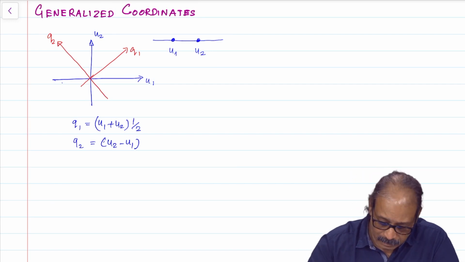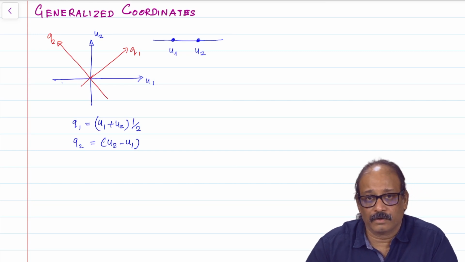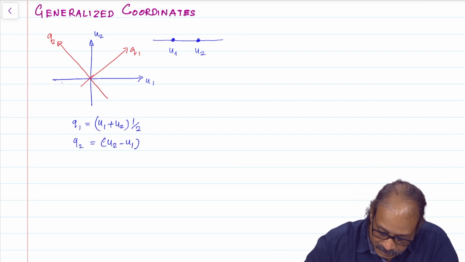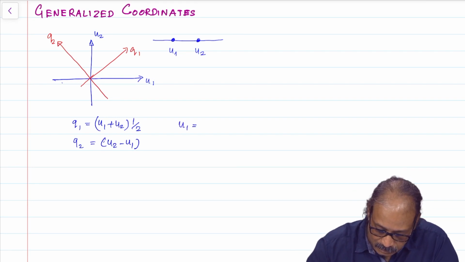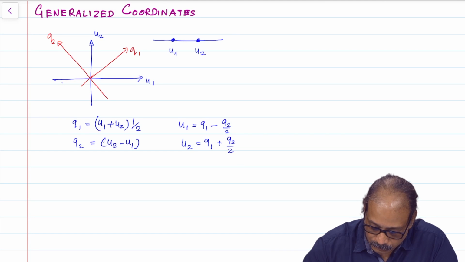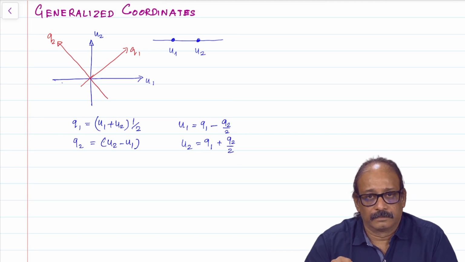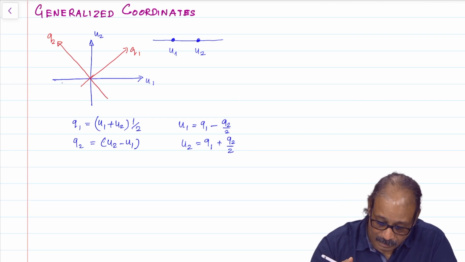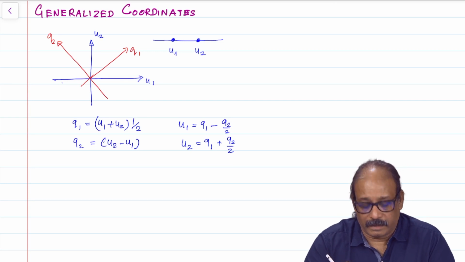Of course, yes, because I can take these two new coordinates q1 and q2 and uniquely get u1 u2. The inverse transformations we can immediately write as u1 equals q1 minus q2 by 2, and u2 is q1 plus q2 by 2. So, given q1 q2, I get unique u1 u2, and u1 u2 is nothing but the configuration of the system. So, I am allowed to do such a coordinate transformation.